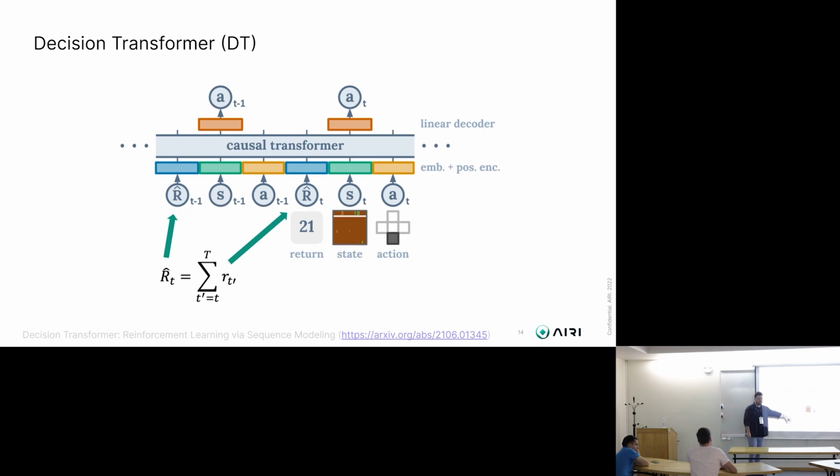This is the cumulative reward on the whole trajectory, but not discounted. So just sum up the whole reward. This is the kind of desired reward that we want to get at the end of the trajectory. And at every time step, we will decrease this amount by the immediate reward we are obtaining at this particular step.